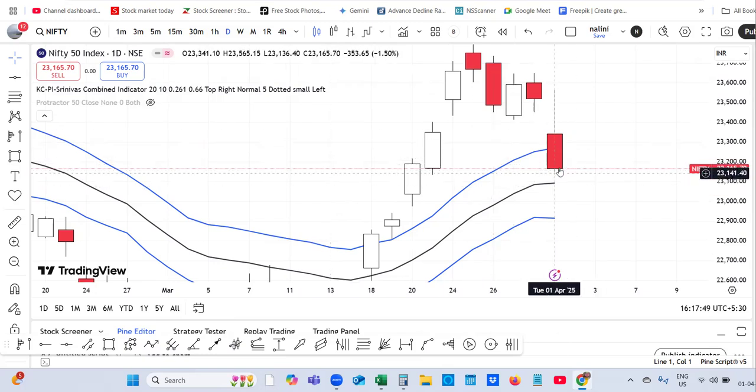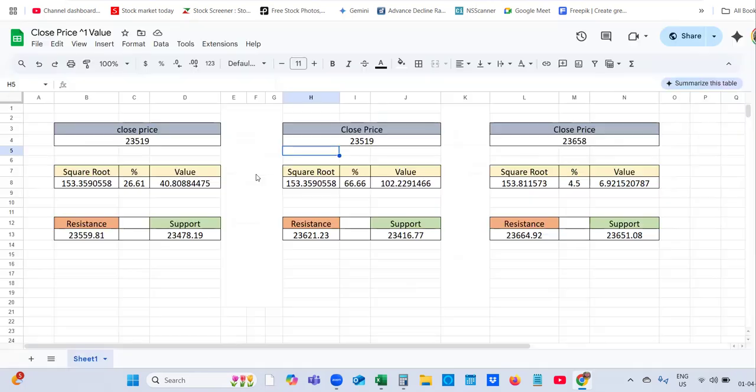The closing is 23,165.7. I am going to feed this 23,165.7, and here I am entering 23,165.7. So if I enter here, I'm getting these values.